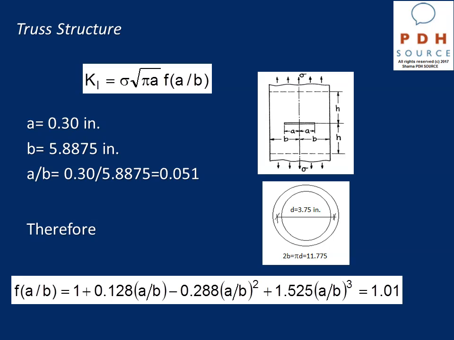So 2b is going to be equal to 11.775 inches, which means that b is going to be half this value. a, half the crack length, is 0.3 inches because the crack length is 0.6 inches. a over b is going to be equal to 0.051, and F of a over b is going to be equal to 1.01 as shown by this equation here.